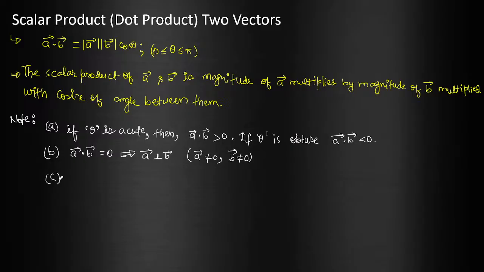Third, see cos theta: if cos theta is 1, then a dot b has maximum value. So the maximum value of a vector dot b vector is equal to magnitude of a vector into magnitude of b vector.